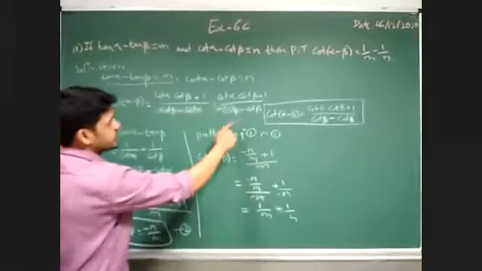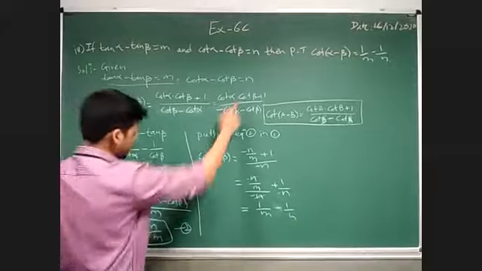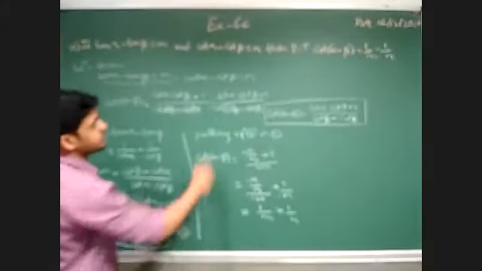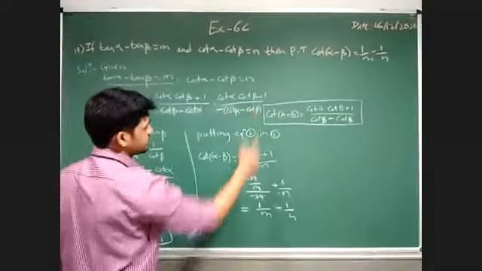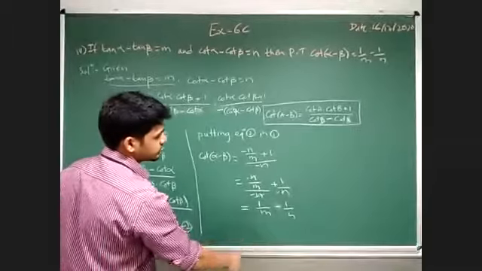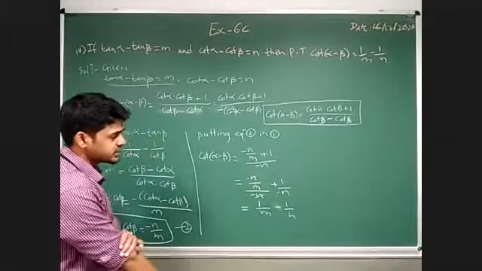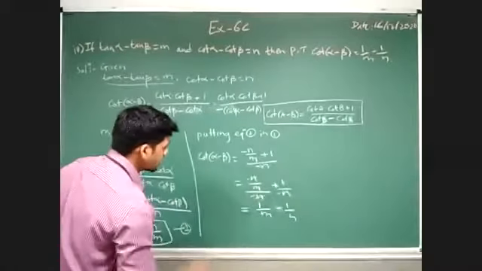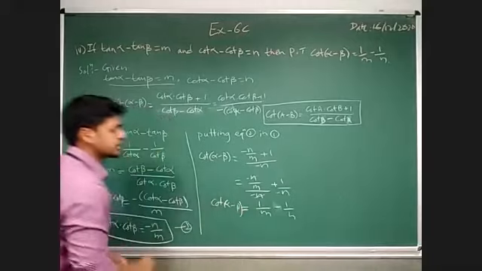So here I just put this equation, and cot alpha into cot beta, that is minus n by m, and cot alpha minus cot beta, that is n. So here I put n. Now after I did the simplification, I got cot beta minus cot alpha, that is 1 by m.